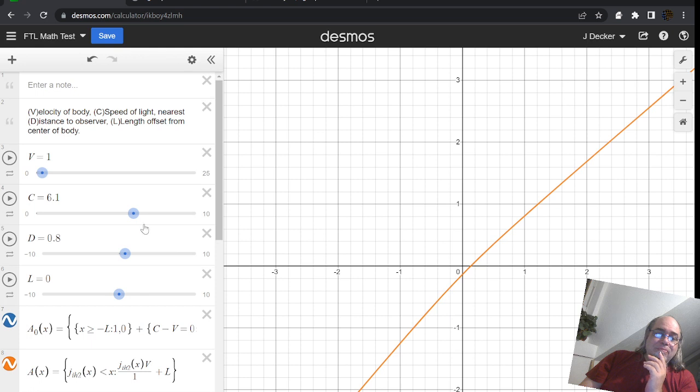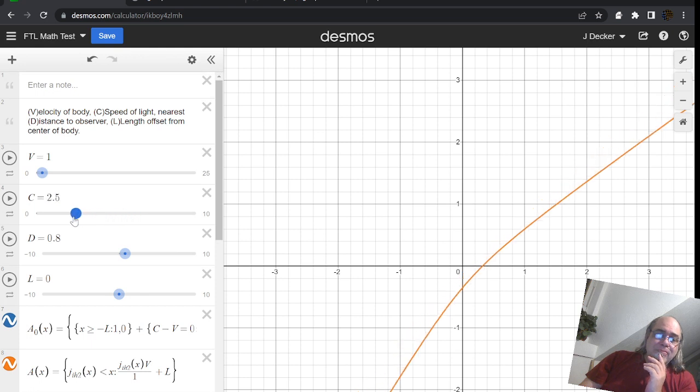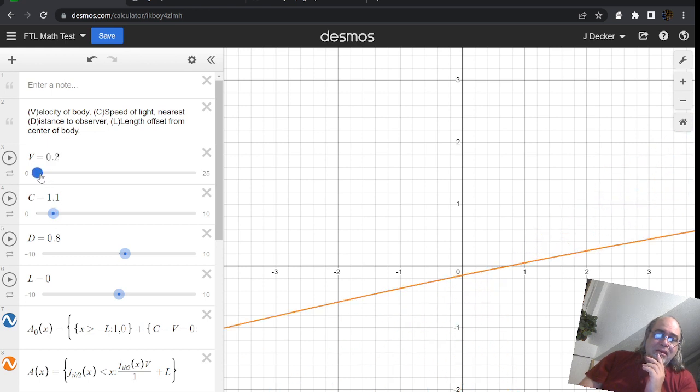And that's, if I go back down to a reasonable speed of light, like 1, then, going very near 0, both sides of that line are basically the same.